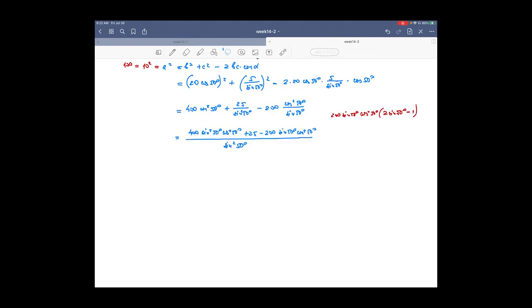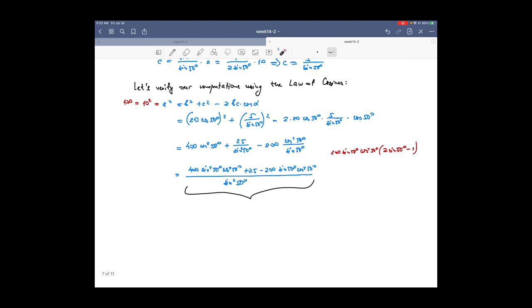I encourage you to find the argument that shows that this fraction here, or this one, doesn't matter, simplifies to 100.